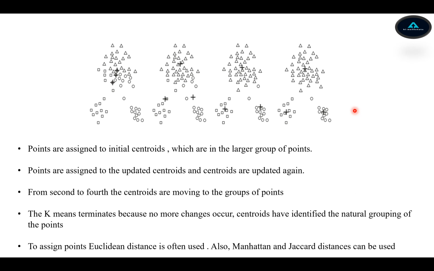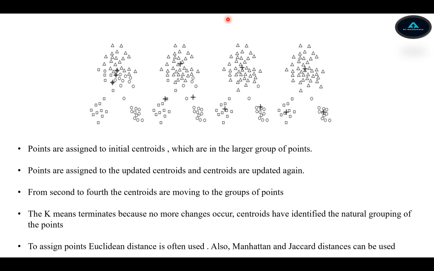Now, let's understand how the K-means algorithm works in a simple demonstration. Points are assigned to initial centroids, which are in the larger group of points. Then these points are assigned to the updated centroid, and the centroids are updated again.